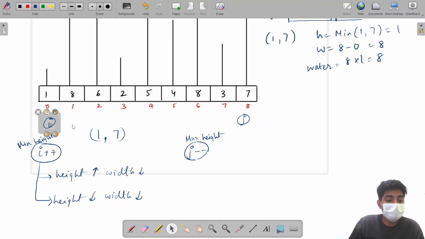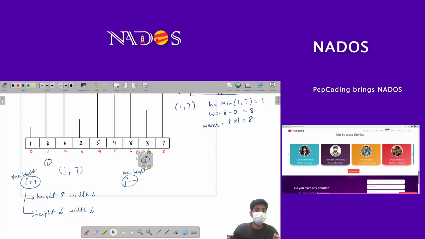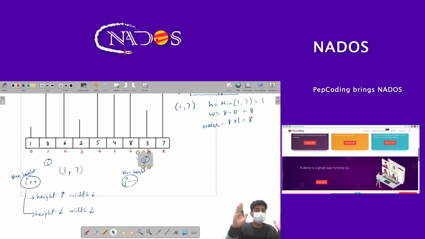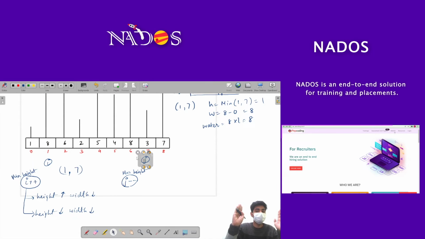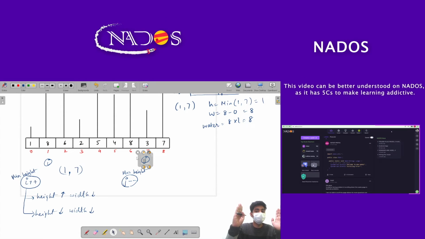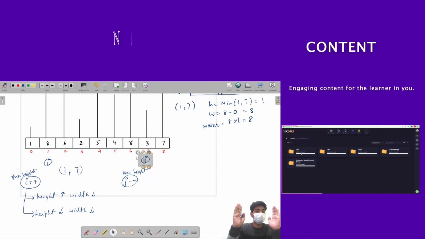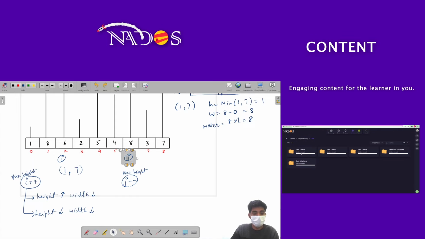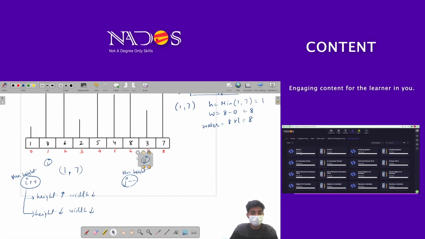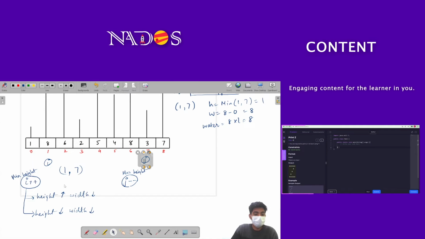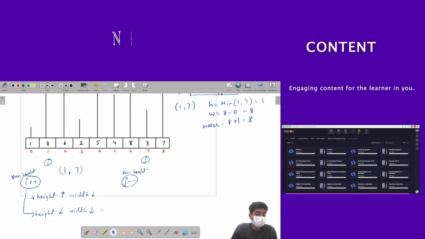Whether I increase my i or decrease my j, my width decreases because I'm reducing the range. If I have this vector and i is here, j is here, if I increase my i, the range is reduced. So in both cases my width will decrease.